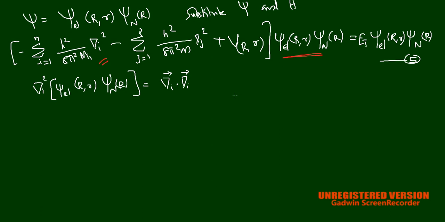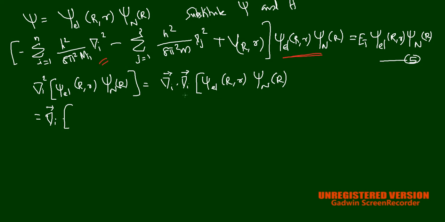Okay, so this is del I operating on psi electronic psi nucleus, we can write like this, right? In quantum mechanics, we do this operation from right to left.